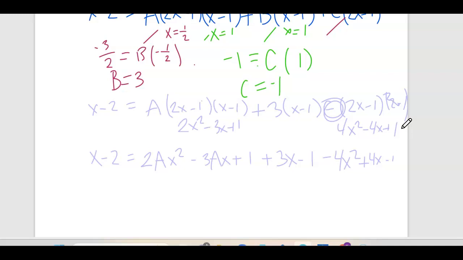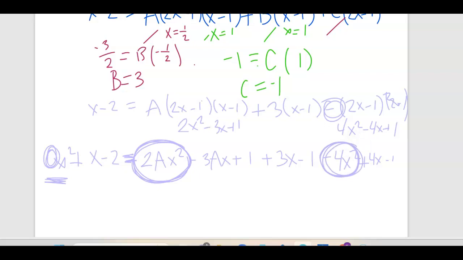All right, if I do that, then I see I have a 0x squared on my left-hand side. I don't have an x squared term there, and these have to be equal to each other. So whatever is in front of my x squared terms on the right must cancel out.